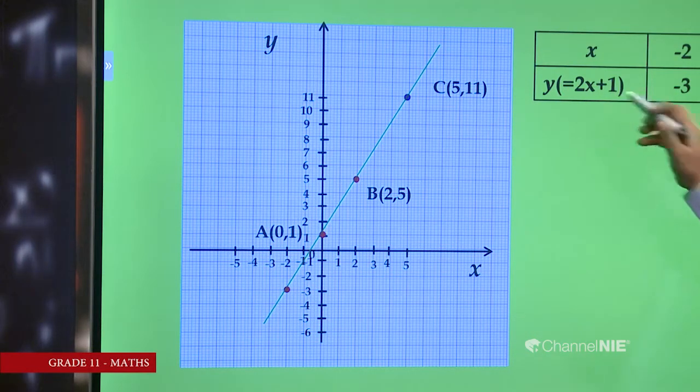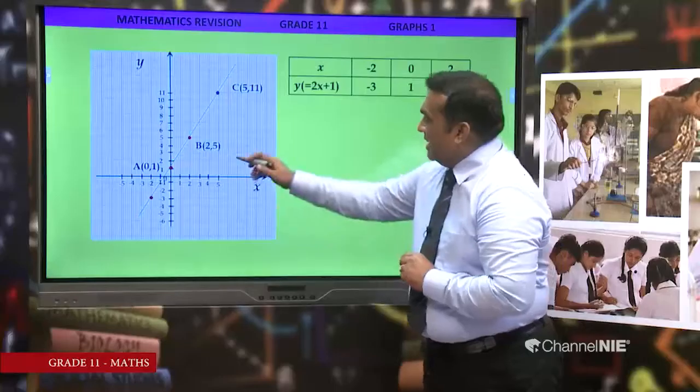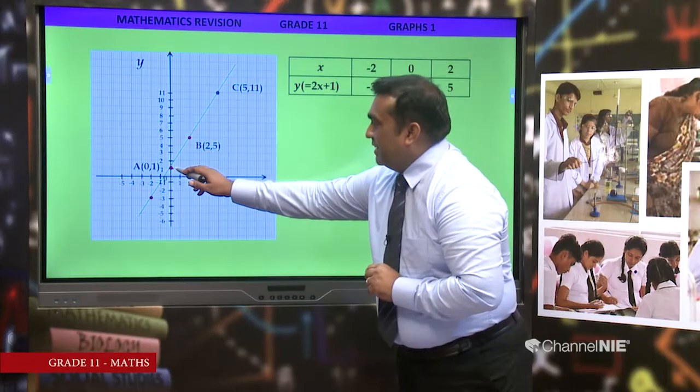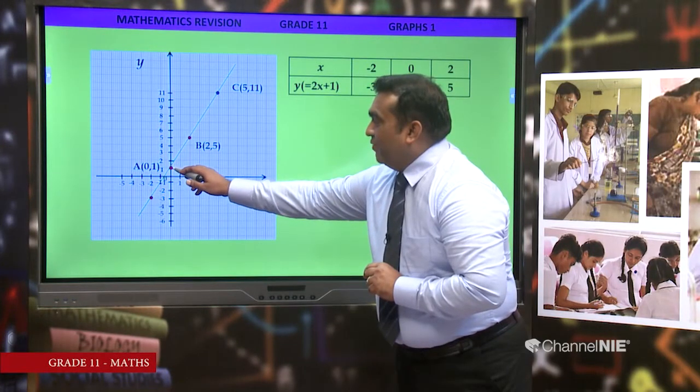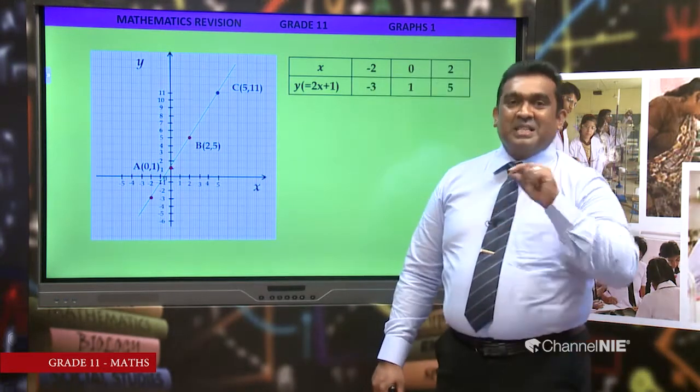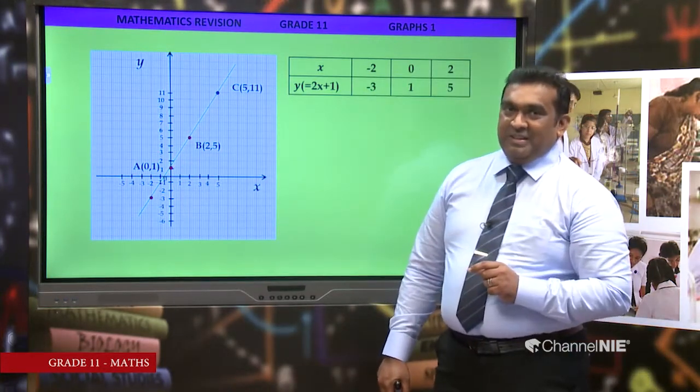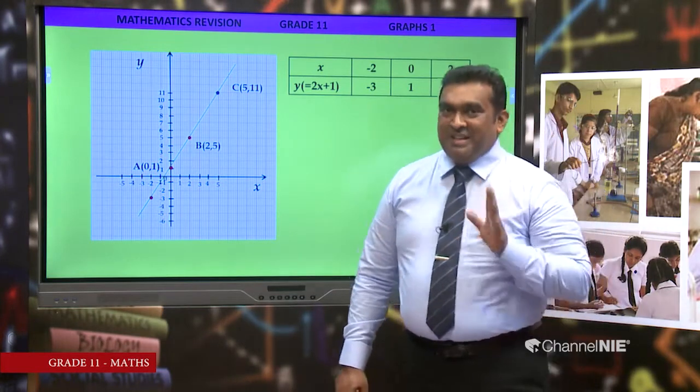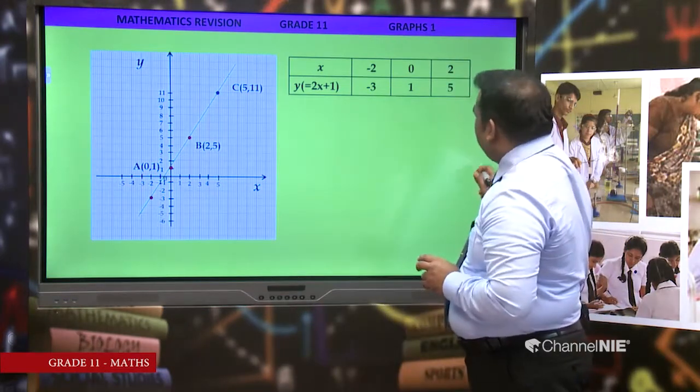Here the gradient is 2, the intercept is 1, right? This is the intercept. The y coordinate of this intersected point is the intercept. Understood it? Right.